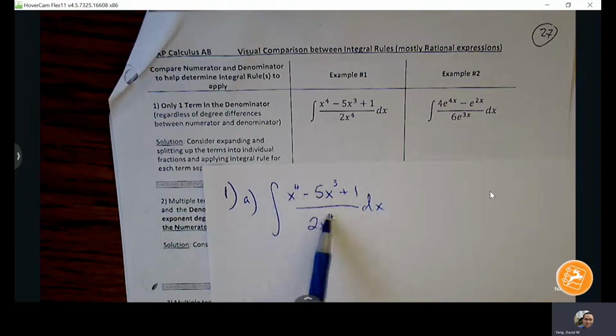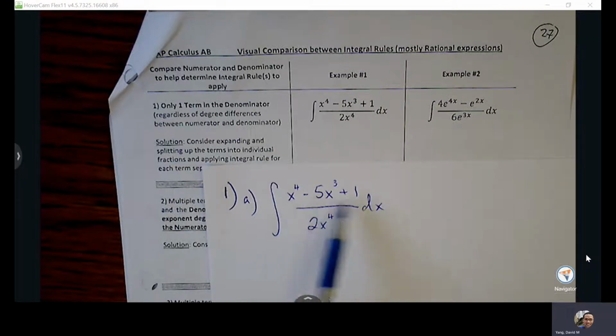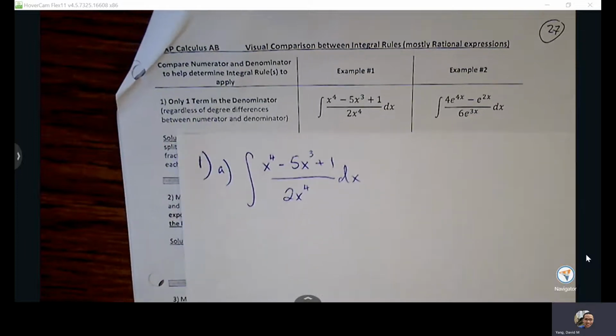It could be higher, it could be lower. We're just going to go ahead and start splitting up. There's no need for us to hold on to one expression if we can split this up into 3 separate, easier expressions. So anytime there's one term, I'm always going to look for a way to separate into individual smaller problems.